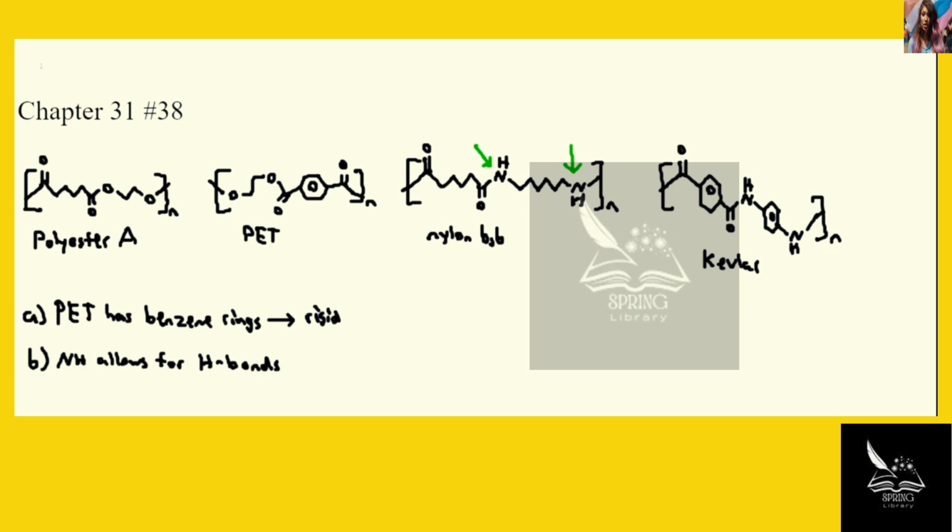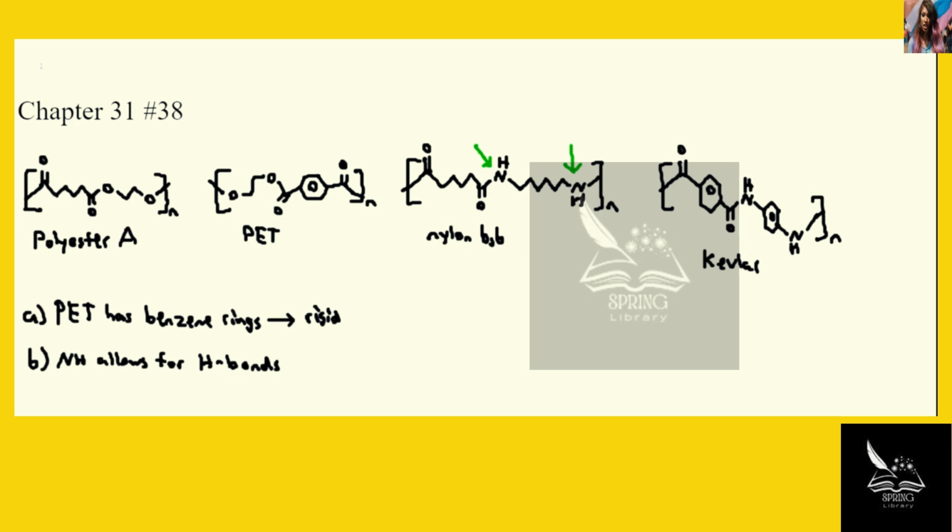In this case, the chains are able to strongly interact with one another, and that grants a much higher degree of order to the nylon 6,6 polymer. So that explains why nylon 6,6 has higher Tgs and Tms than polyester A.